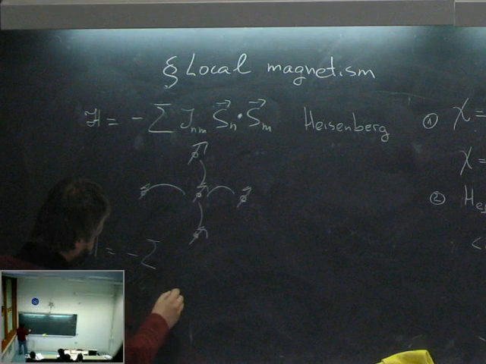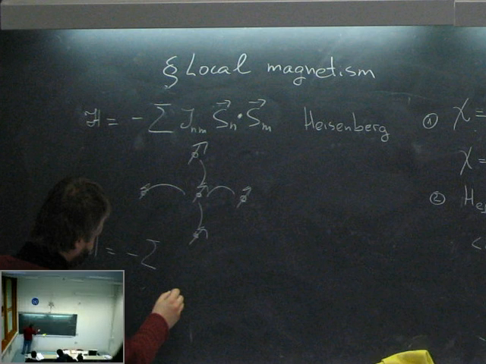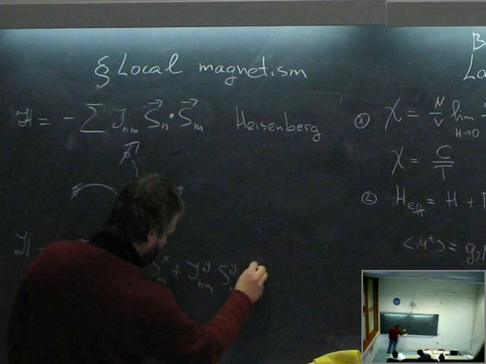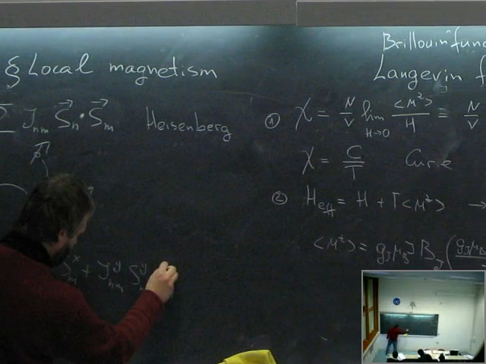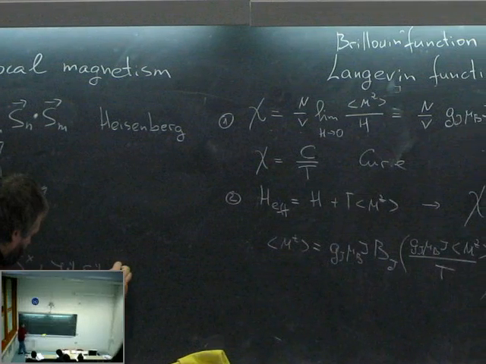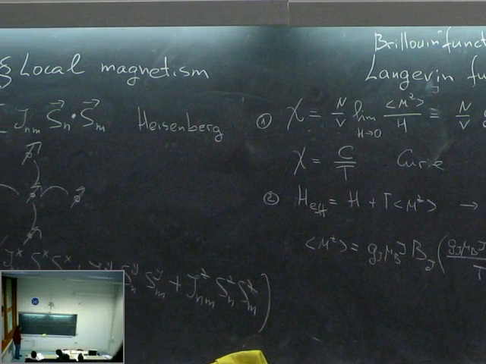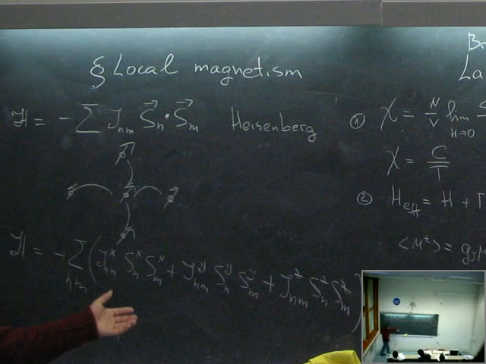It's minus J^x_nm S^x_n S^x_m plus J^y_nm S^y_n S^y_m plus J^z_nm S^z_n S^z_m. So this would be an anisotropic realization, still a scalar one. The Hamiltonian is scalar, where the fact is that spins talk differently along x, y, and z directions.